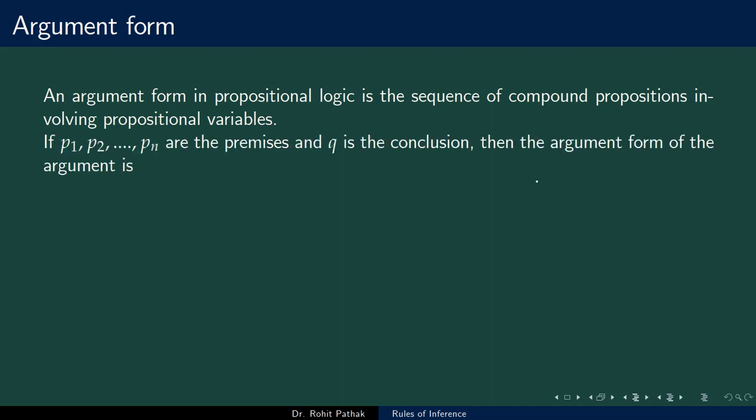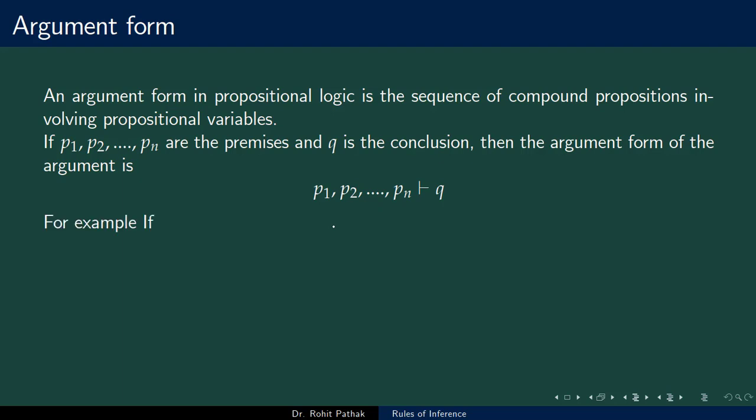For example, if we have P1, P2, up to Pn as the premises and Q as the conclusion, then the argument form is written like this. Here we write a sequence of propositions which are premises, and we use a symbol to separate the conclusion. After this symbol, whatever is there is called the conclusion, and before this symbol, whatever is there is called premises.